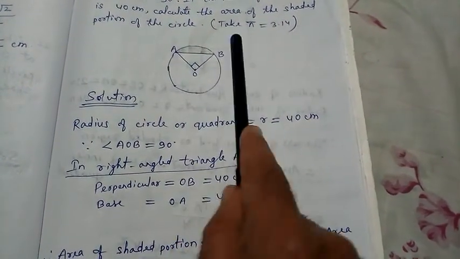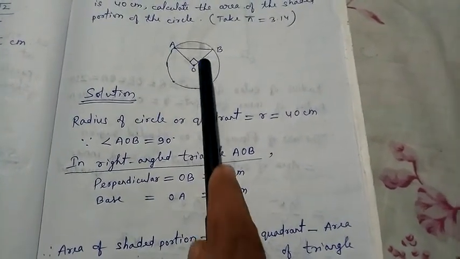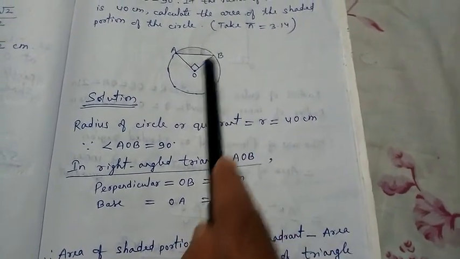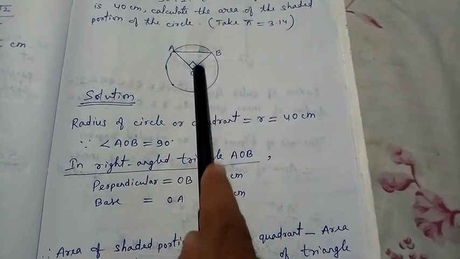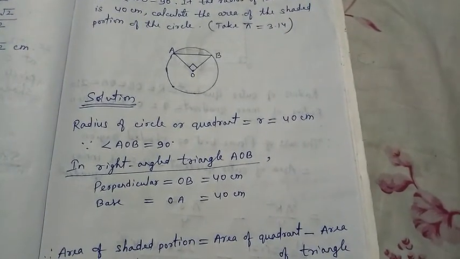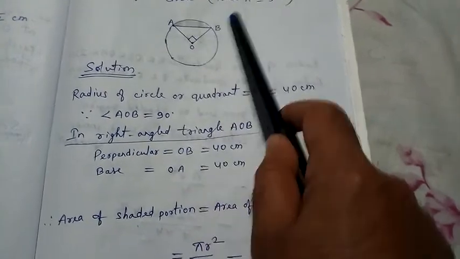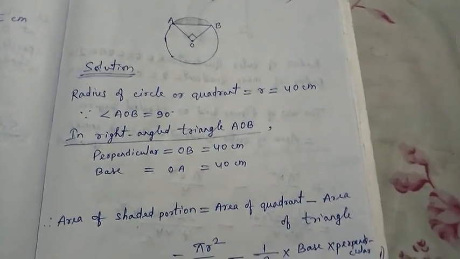So here OB I have taken as perpendicular and OA I have taken as base, and both of them will be 40. Why? Because radius is 40, that means OB and OA, one way they are radius and on the other hand they are the perpendicular and base of the triangle. That means OA and OB work in two ways, one as radius and one as perpendicular and base.